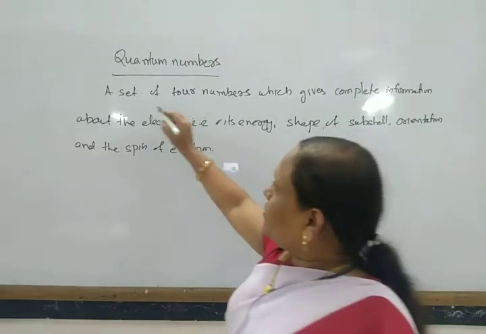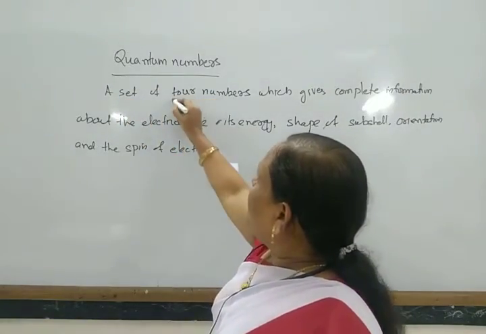So here, quantum numbers are a set of 4 numbers.